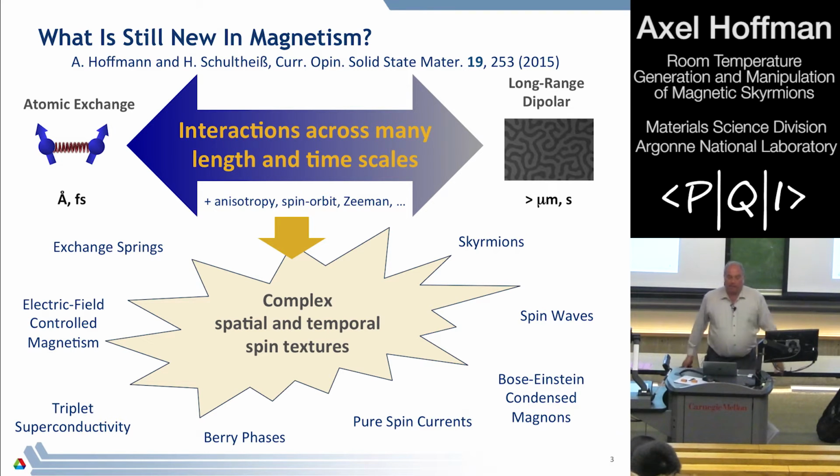And you mix it all together, and it gives rise to a whole variety of very complex spin textures that have complex structure both in space and in time. And here is just a whole range of things. I'm not going to read them all to you, but these are all topics that we're interested in in our group. And in particular, I want to tell you about skyrmions.